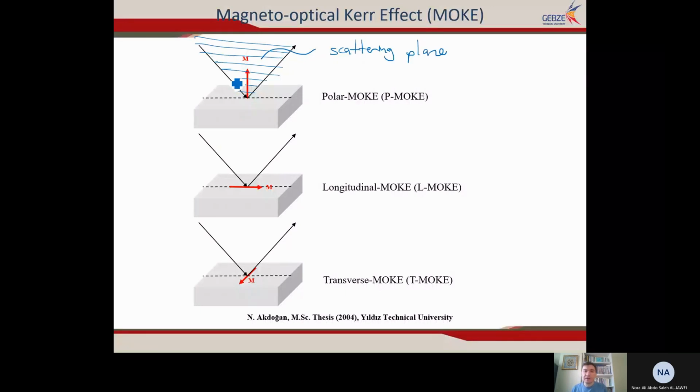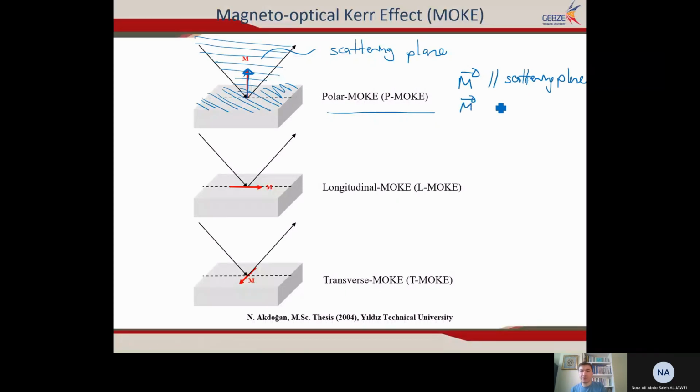So what do you see here? In case of polar MOKE, the magnetization vector is parallel to the scattering plane, but it is perpendicular to the sample plane.